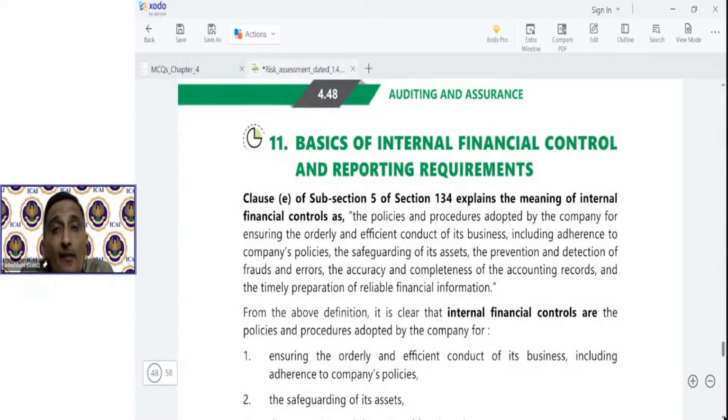Whether that person has the requisite qualification in the field of finance, accountancy, auditing; if he does not have that qualification or experience or skills in the field of accountancy, finance, and auditing, then how can he perform the internal audit function? Okay. Is your query clear, Bhumika?